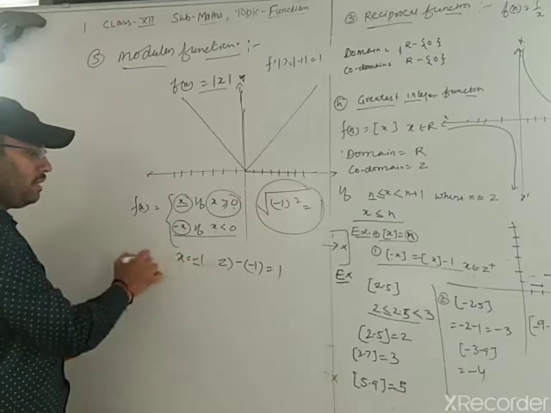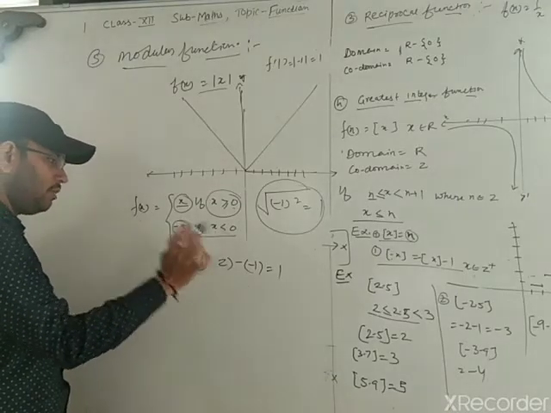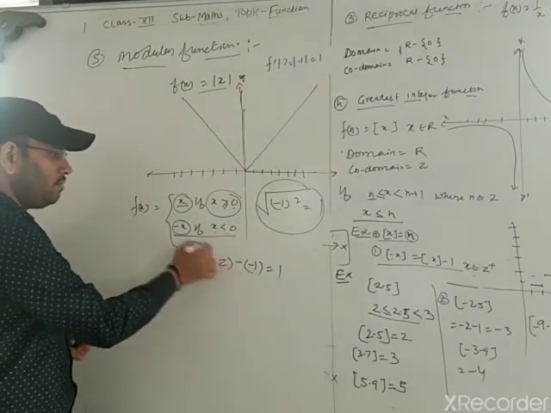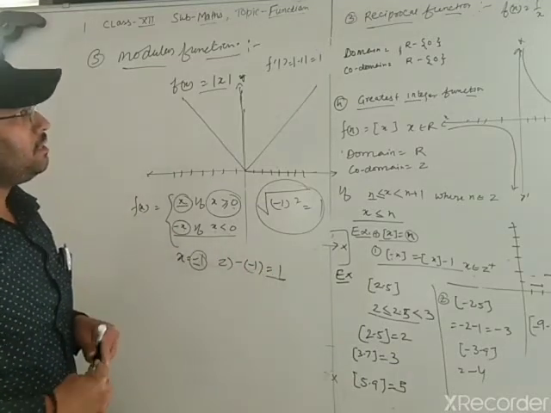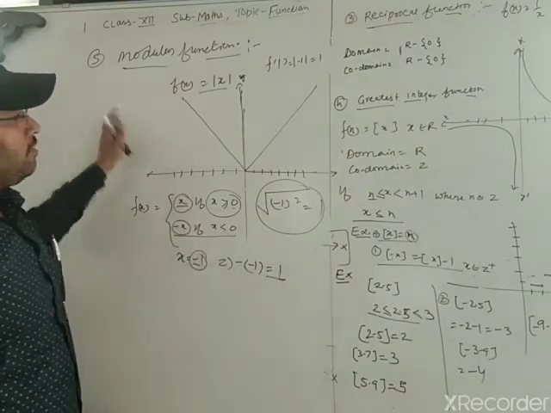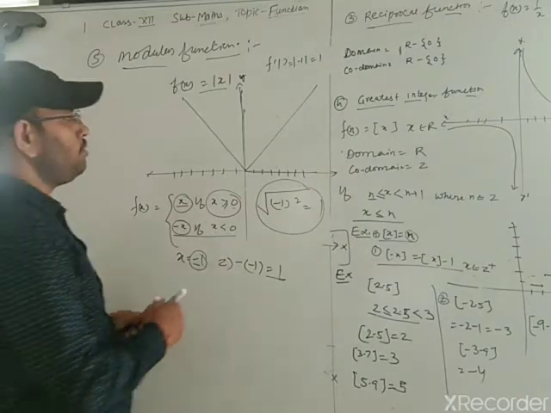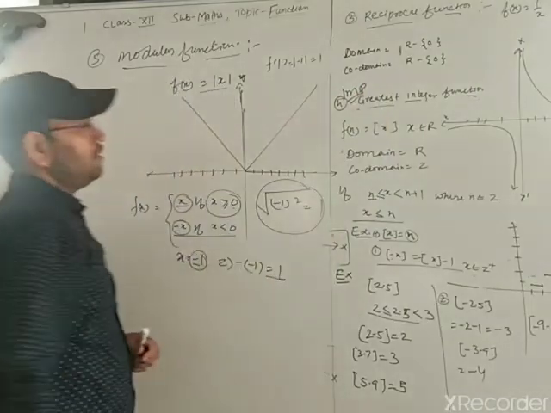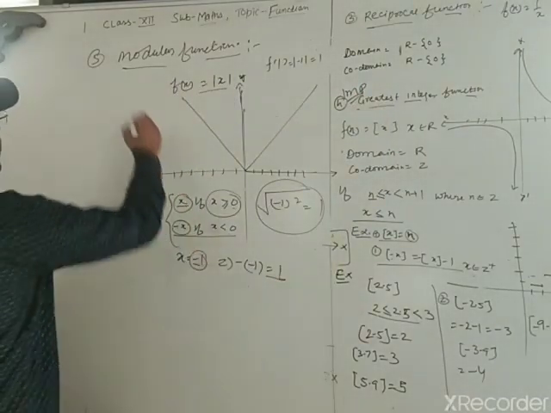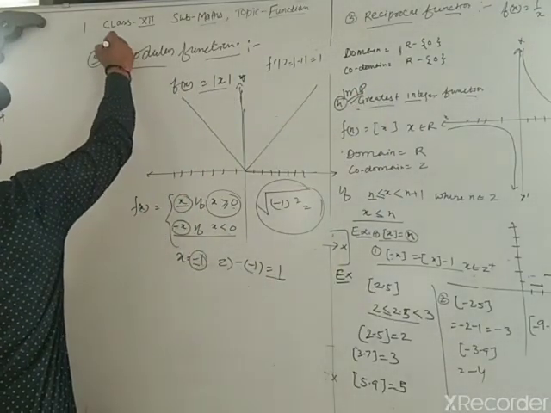So for minus 1, we have the function value x, and we already have the minus, so we get the result 1. Clear? So this is the function we have discussed. Two important functions you have to know: the greatest integer function and the modulus function. Second is this.